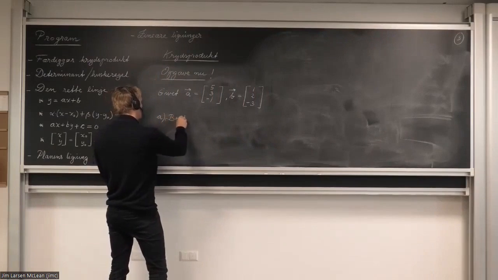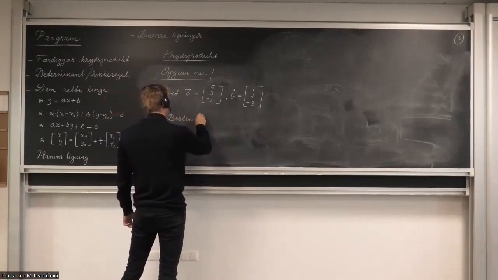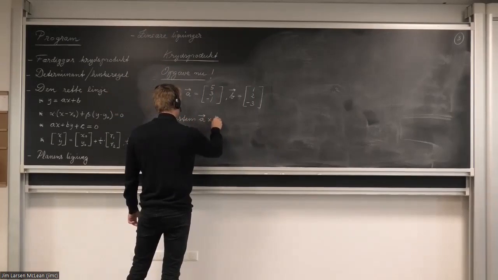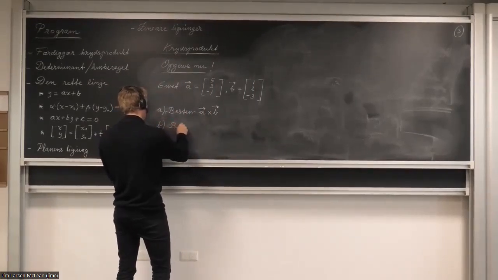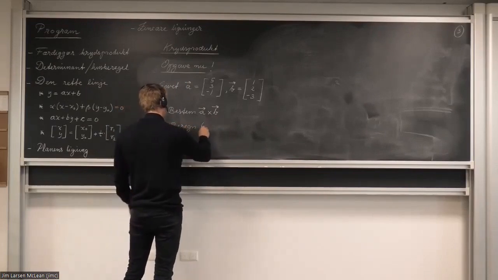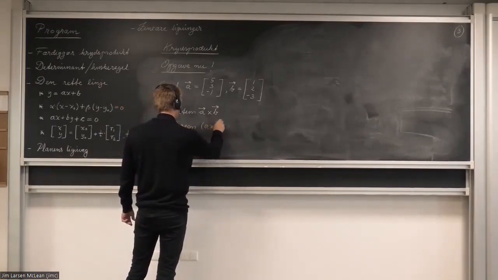Question A: the cross product A cross B. Question B: the dot product of small b, that is, the cross product, times A. Where have I ended up?